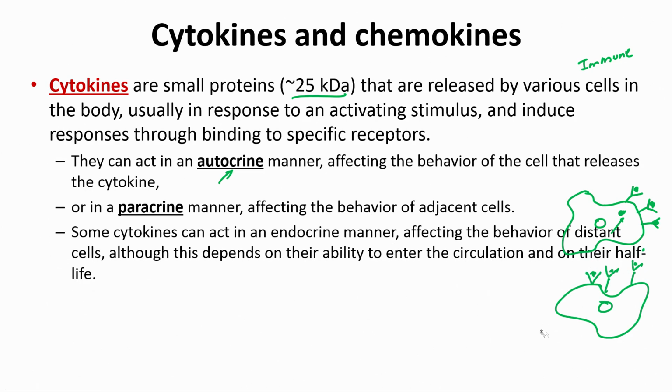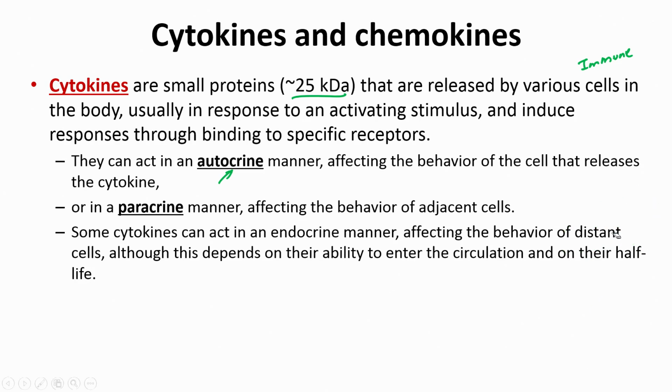And then some of these cytokines can act in an endocrine manner, which means that a cell has released it in a certain organ, that cytokine is now going into the blood vessel, and that blood vessel is taking it everywhere in the body, even to distant parts of the body, where it causes the activation of cells.